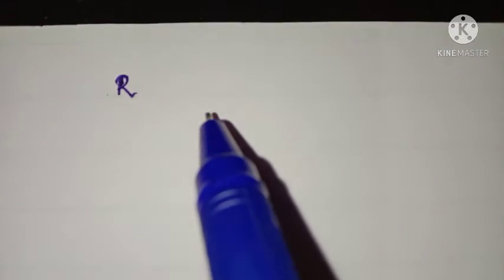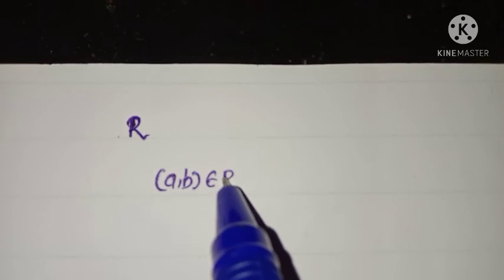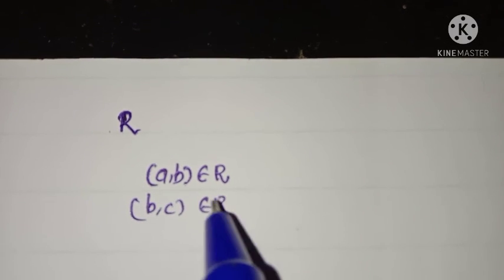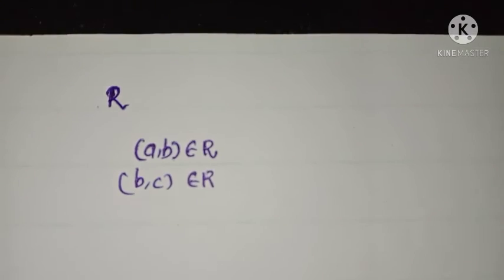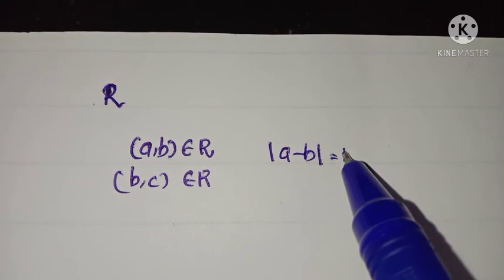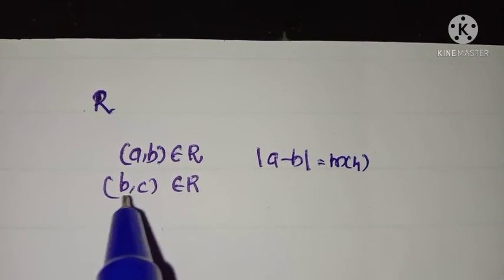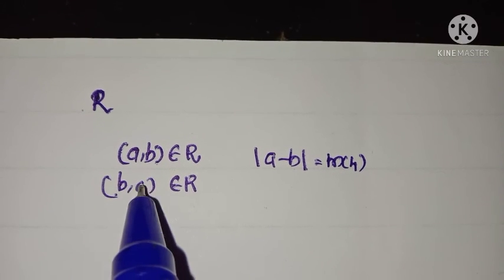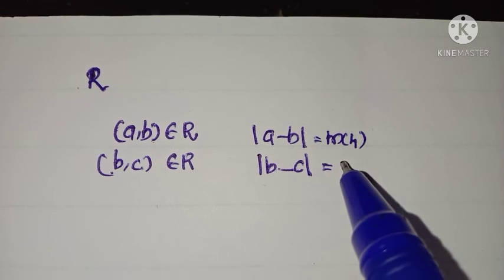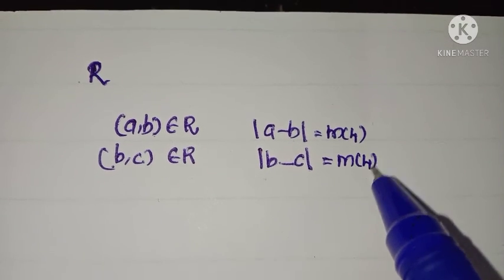To find whether R is transitive, let us take two ordered pairs, (a, b) belongs to R and (b, c) belongs to R. Listen, (a, b) belongs to R means |a − b| is a multiple of 4. (b, c) belongs to R means |b − c| is a multiple of 4.